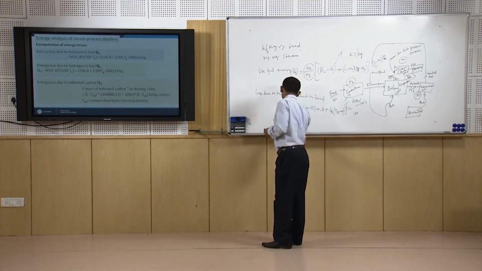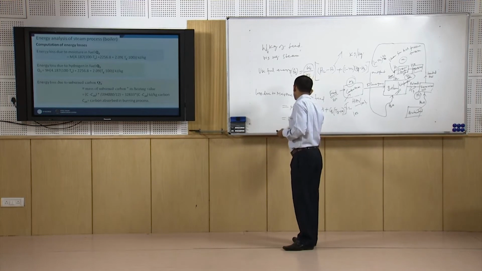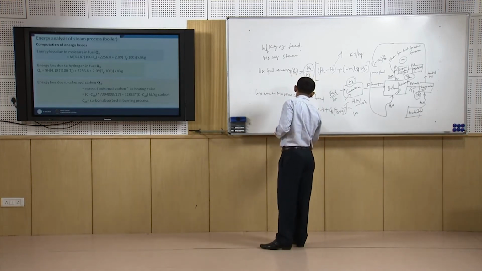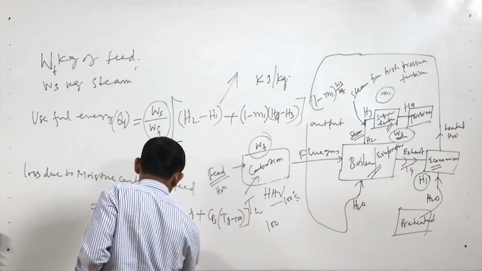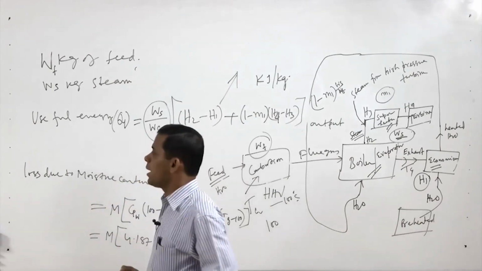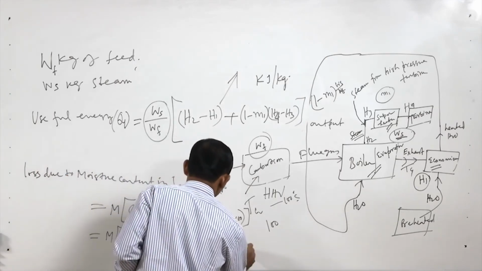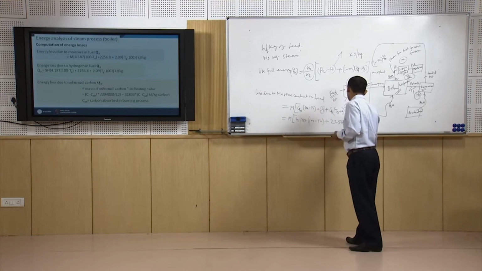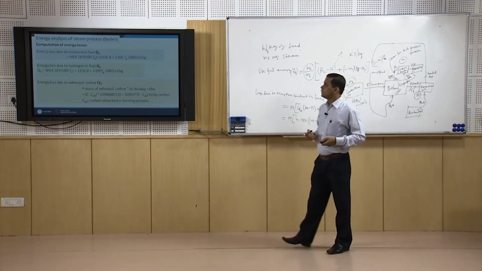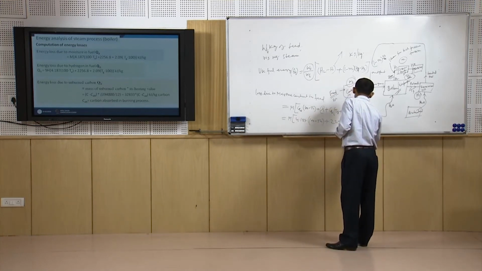Now, if we put the value of Cp water and Cp steam, then this loss is equal to m into 4.187 into 100 minus Ta plus lambda, which is 2256.8 kilojoule per kg, and the specific heat of steam, that is 2.09 kilojoule per kg per degree centigrade, into Tg minus 100.